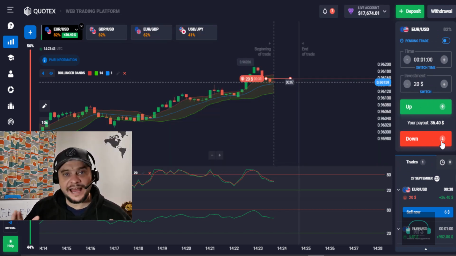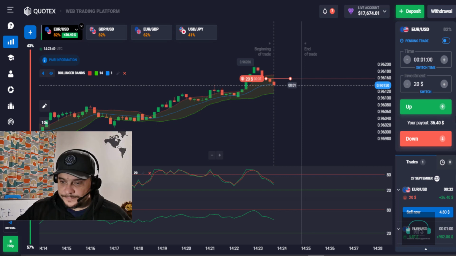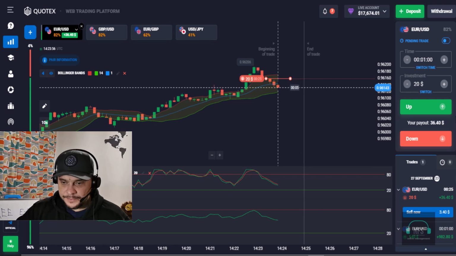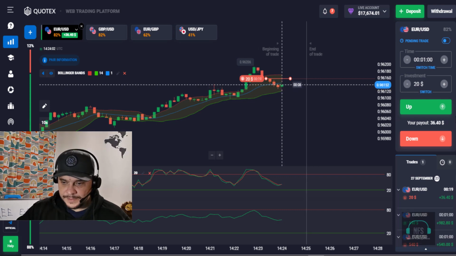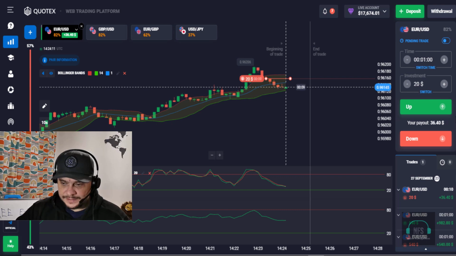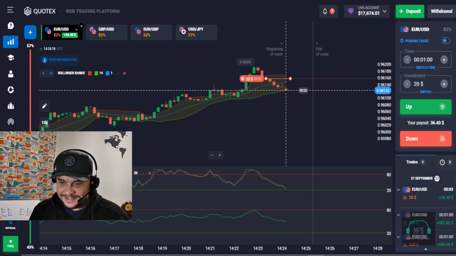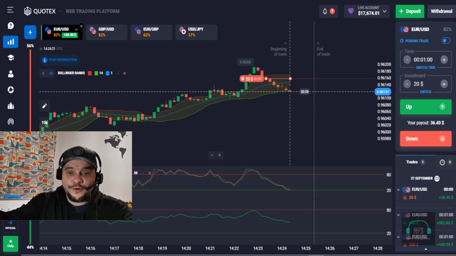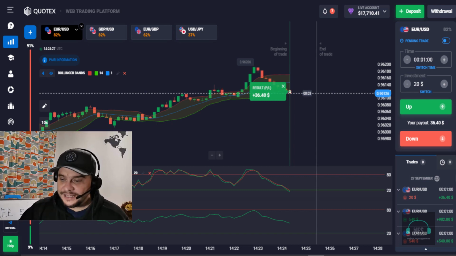So let's see what will happen with this trade. 20 seconds more to go. 10, and of course in the money, this $20 trade.